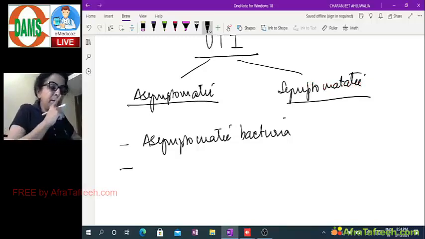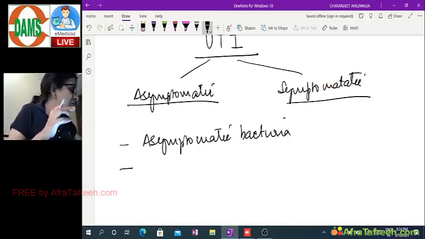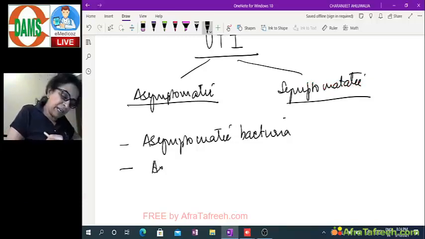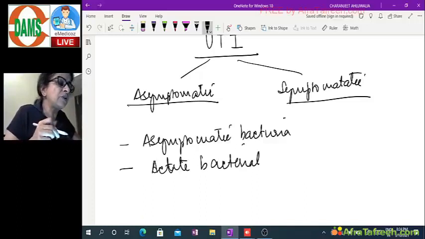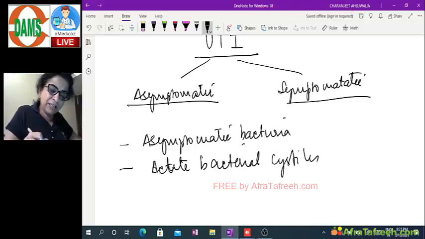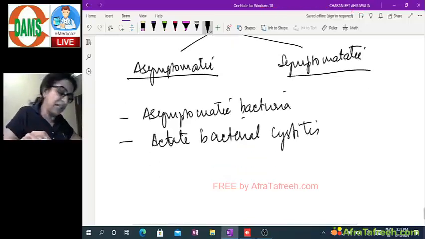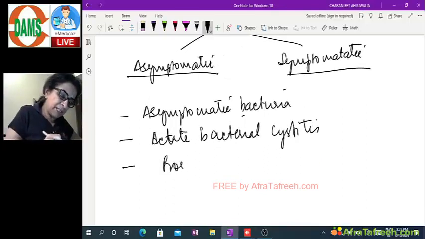Second, because of infection the bladder is getting inflamed, so acute bacterial cystitis. So what all does urinary tract infection include? Number one, asymptomatic bacteriuria. Two, acute bacterial cystitis, where the bladder is getting inflamed. Three, prostatitis, where the prostate can get inflamed.